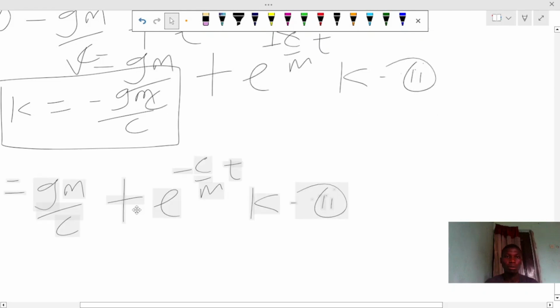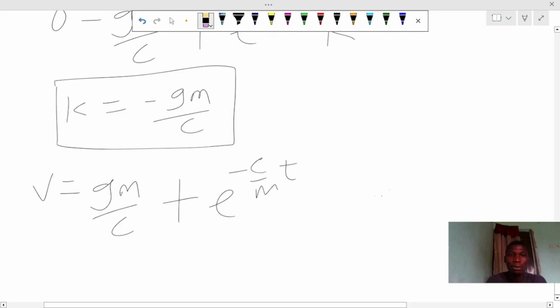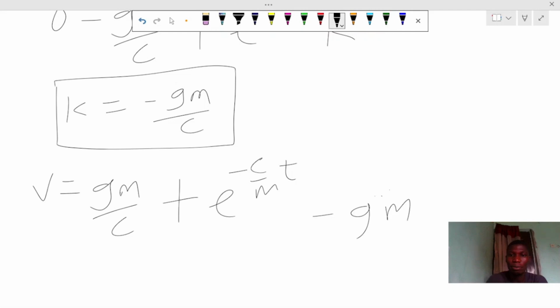Where we have k now, we'll have negative gm over c.